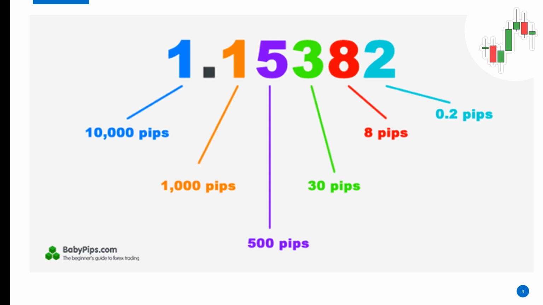Remember, the pip is the smallest value change between 2 currencies, and the pip is the 4th decimal place. In this particular quote, the 4th decimal place is 8. So if the price increases by 1 pip, then the new price will be 1.1539.